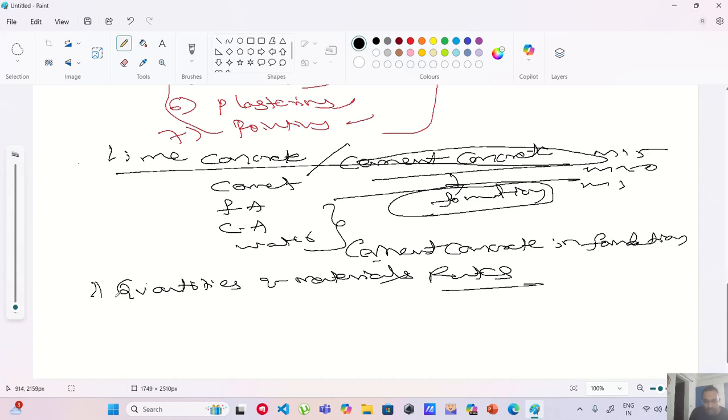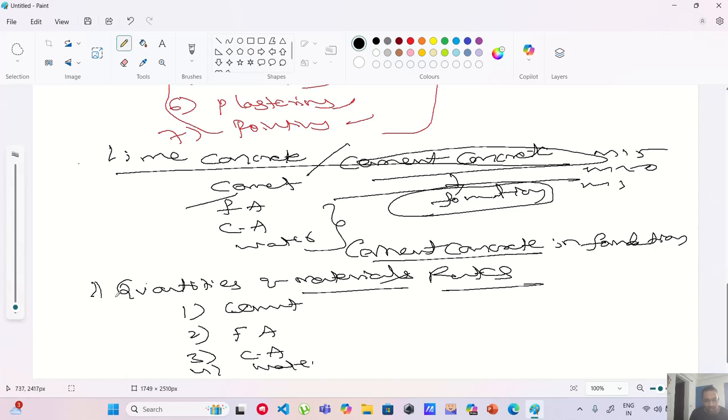For cement concrete, what materials are required? I have just explained the materials in cement concrete. One is cement, the second one is fine aggregate, third one is coarse aggregate. Water is also there, admixture is also there, whatever it may be. These are the materials for cement concrete preparation. Is it enough?